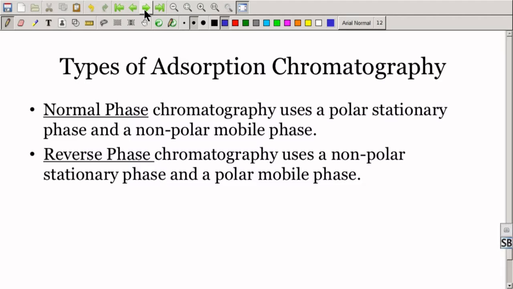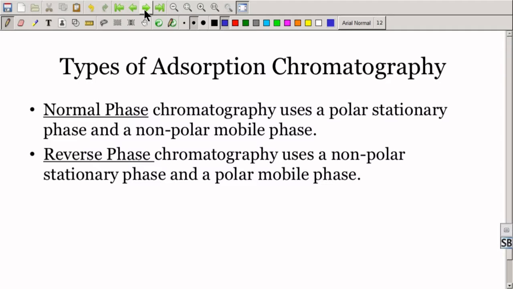All right, so we have two types of adsorption chromatography. If you do column chromatography in a typical organic chemistry lab, you're doing what's called normal phase chromatography. In that case, your stationary phase is very polar.